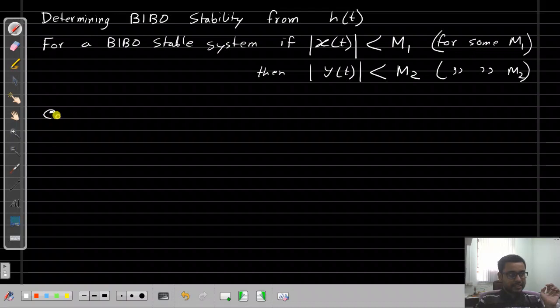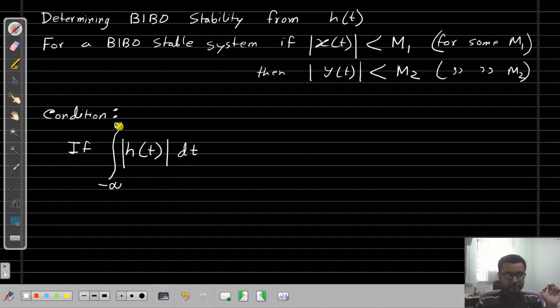So the condition is, if we take the absolute value of h of t and then integrate that over the entire period of time, minus infinity to plus infinity, if this is less than some number, call it m, that means this is finite.